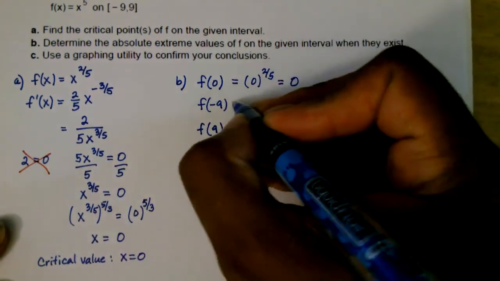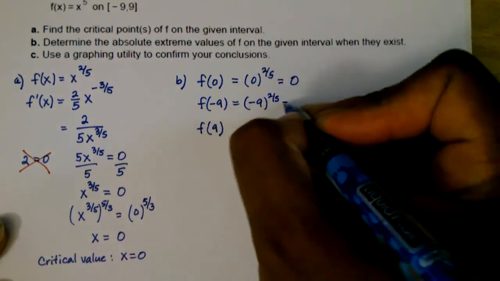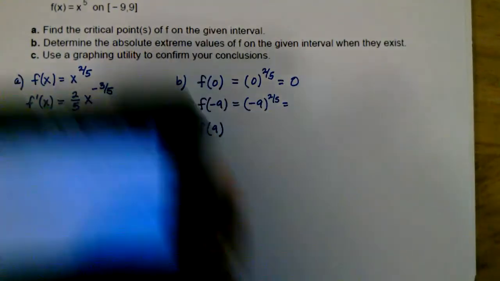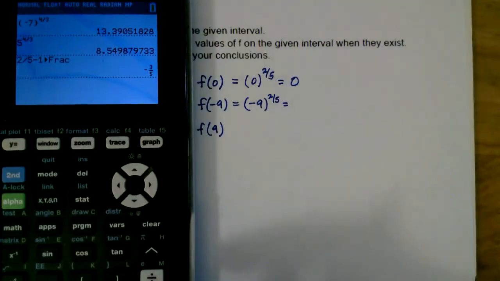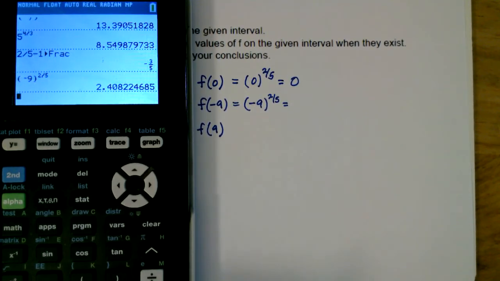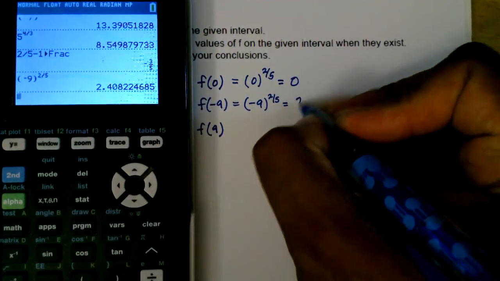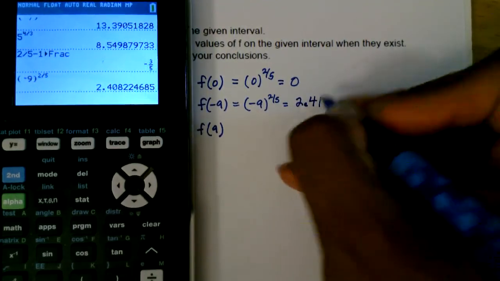Now for -9, this will be -9 to the 2/5 power. I'm going to use my calculator to determine my absolute maximum and absolute minimum. So -9 needs to be in the parentheses. Use your hat key for the exponent, 2 divided by 5. Let's say 2 decimal places. This is approximately 2.41.